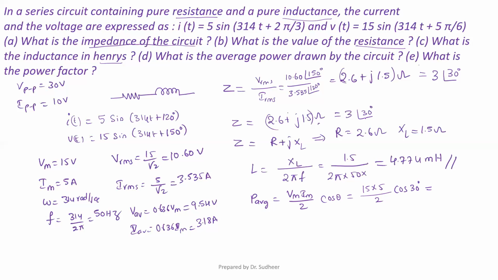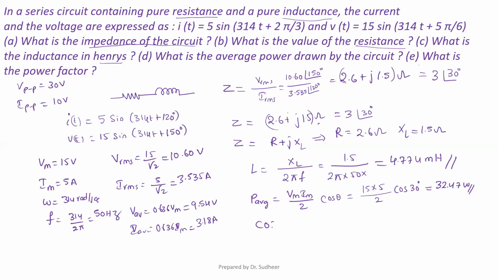So what you are going to get is 32.47 watts. 15 into 5 by 2 into cos 30, yes, 32.47 watts. So what is the power factor?